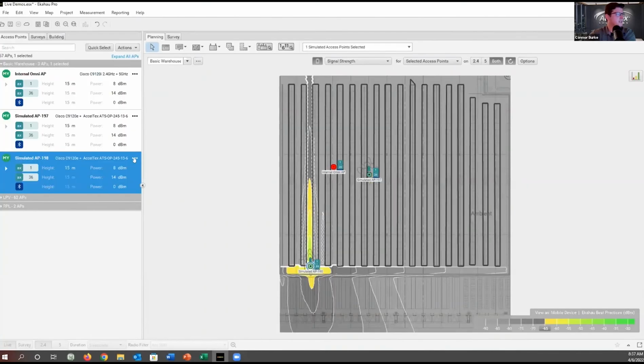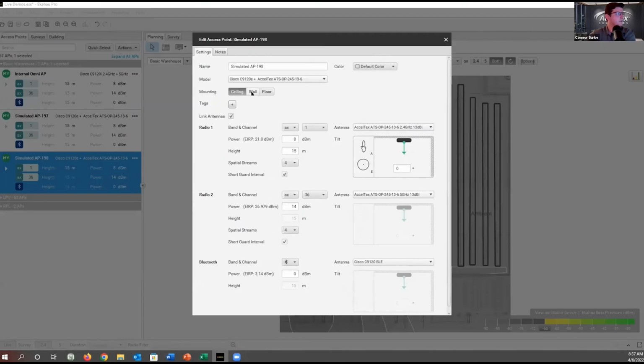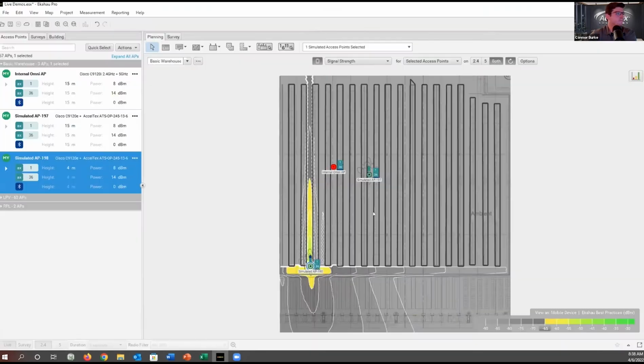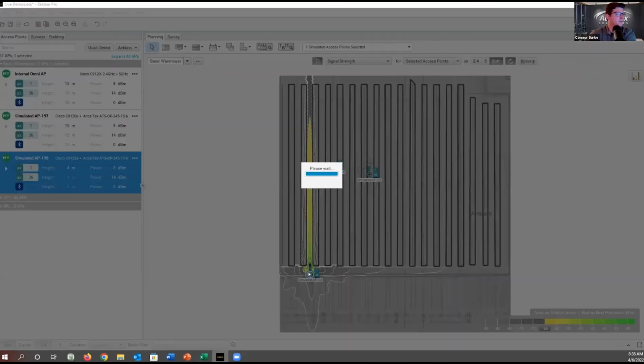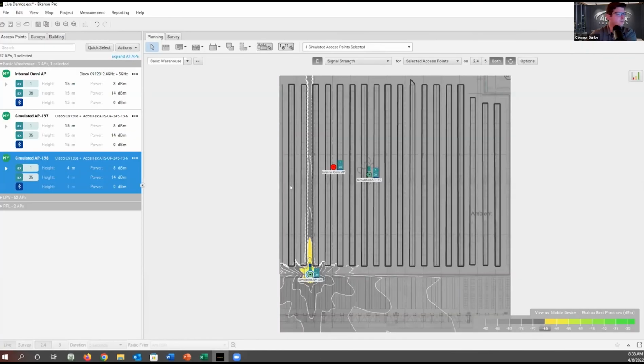by taking that same antenna even and putting it onto the wall. Yep, dropping it down to, say, 4 meters. So you're still being able to shoot down the aisle, and this is still, went too far, went into the wall.